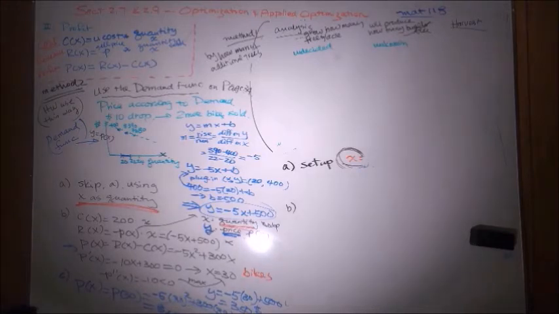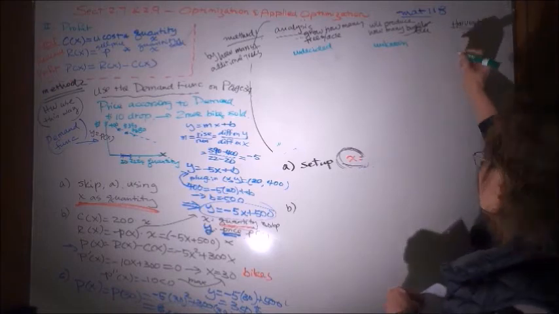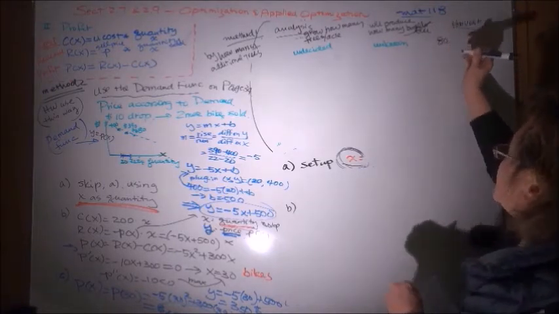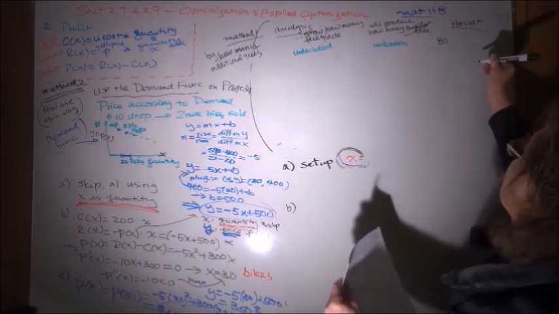So the harvest is what? It started from 80 trees. If you grow 80 trees, then you will have 60 bushels of oranges.